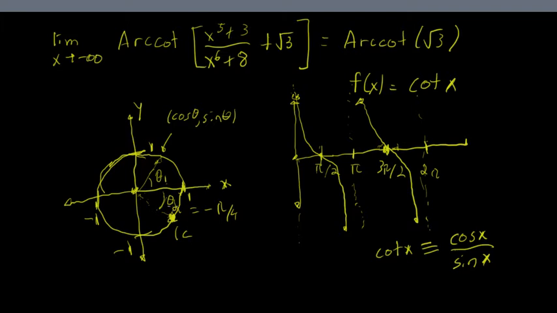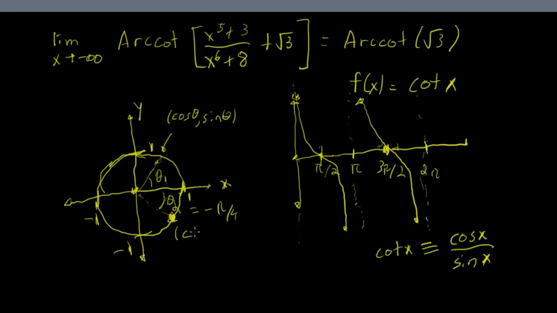So the x coordinate of that segment, whose initial end is on the origin and whose terminal end is where this little segment that we've drawn, after we've swept theta to negative pi over 4 radians, 45 degrees from the positive x-axis, cuts the unit circle.